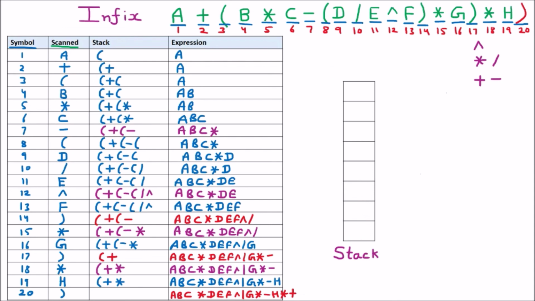So the last line is the postfix expression. We can say that ABC star DEF power divide G star minus H star and plus is the postfix expression, which is equivalent to the infix expression. So here we have converted the infix expression to the postfix expression using a stack.